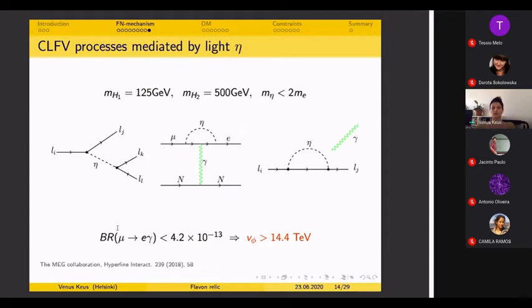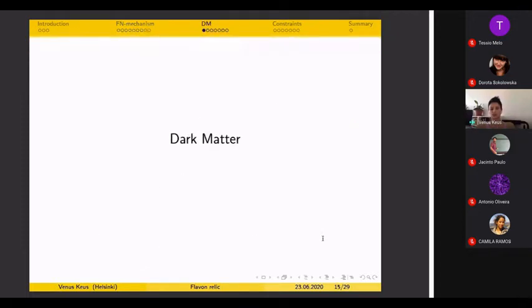But this bound has nothing to do with the mass of the eta. It just tells you there is a lower bound on the flavon VEV, which you have to respect. So as far as particle physics is concerned, we've put the model together and we're ready to look at the cosmological implications of this flavon.